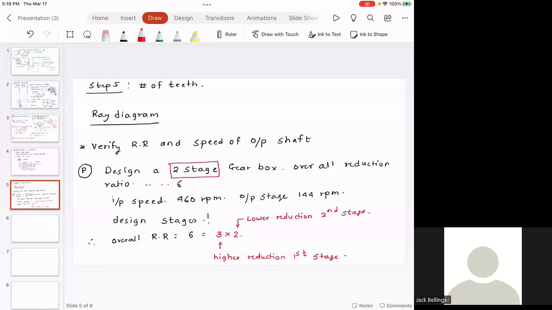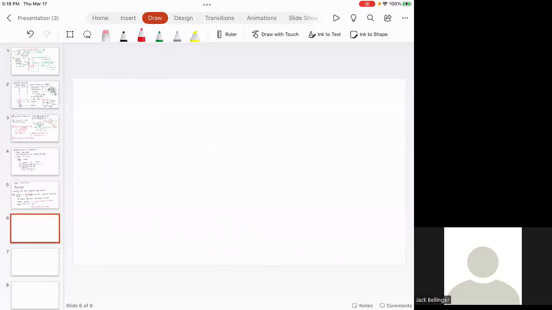Now you want to set this problem up something like this. Initially the pinion is rotating at 960 RPM. So you will have a gearbox, something like this.